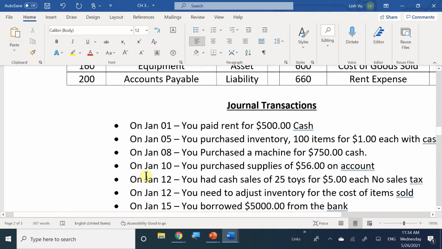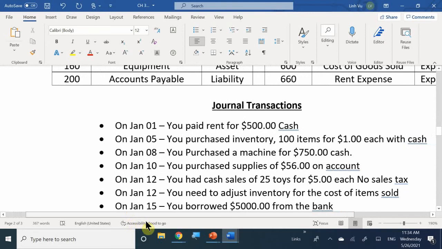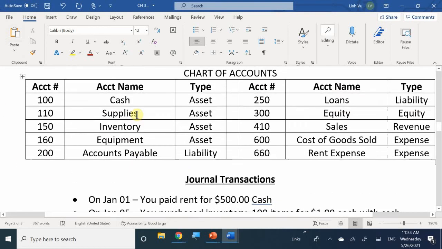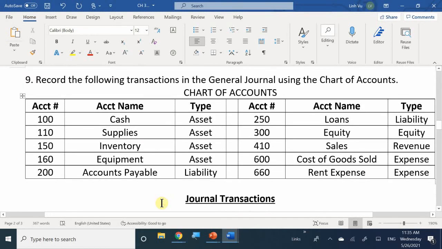So first things first, okay? Example here is on January 1st, you paid rent for $500 cash. So let's take a look at our chart of accounts. Okay. Right?